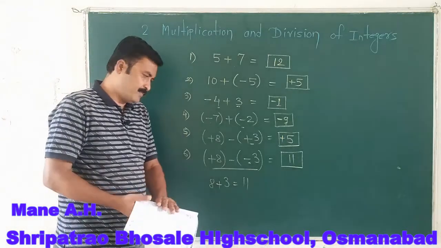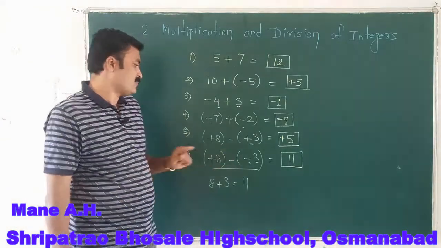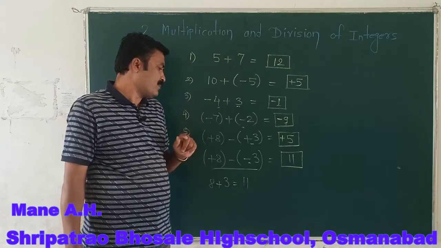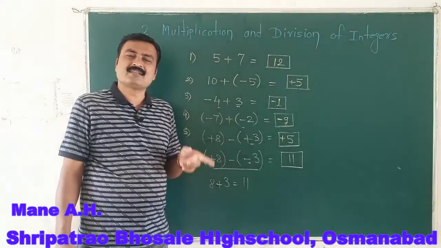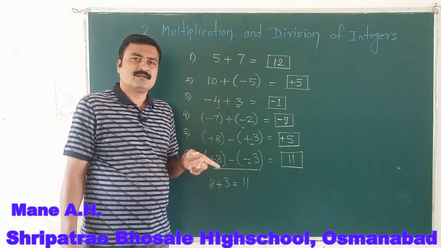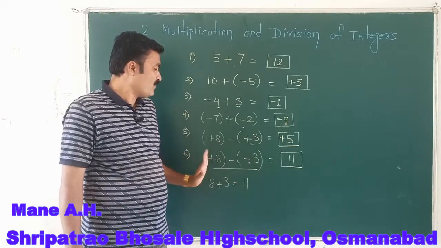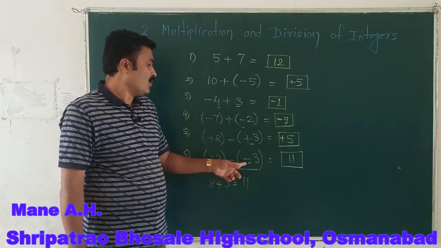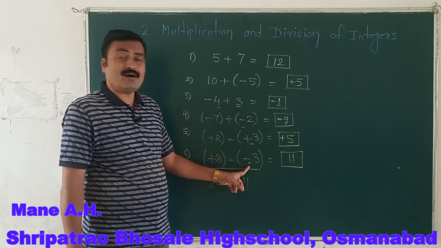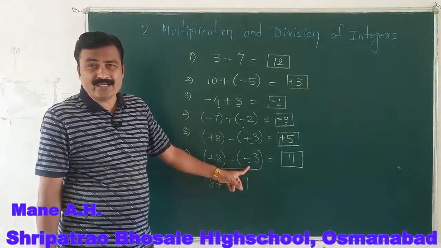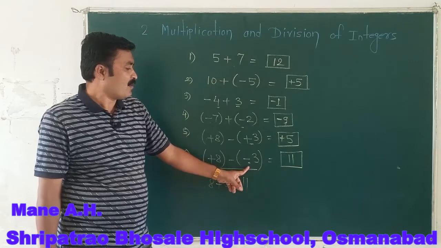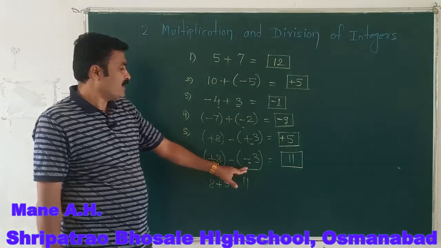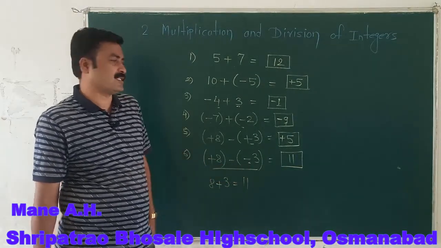And the basic rule I am explaining here is that in subtraction we always add the additive inverse, or the opposite number, of the given integer to the first integer.